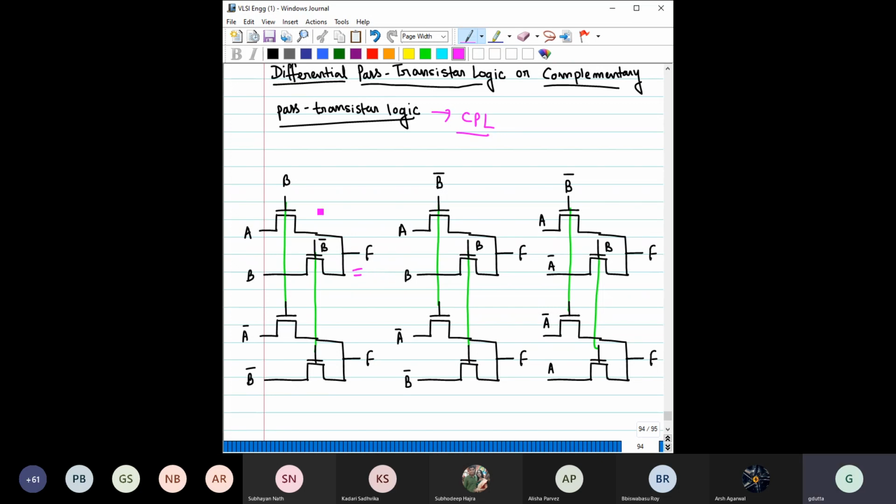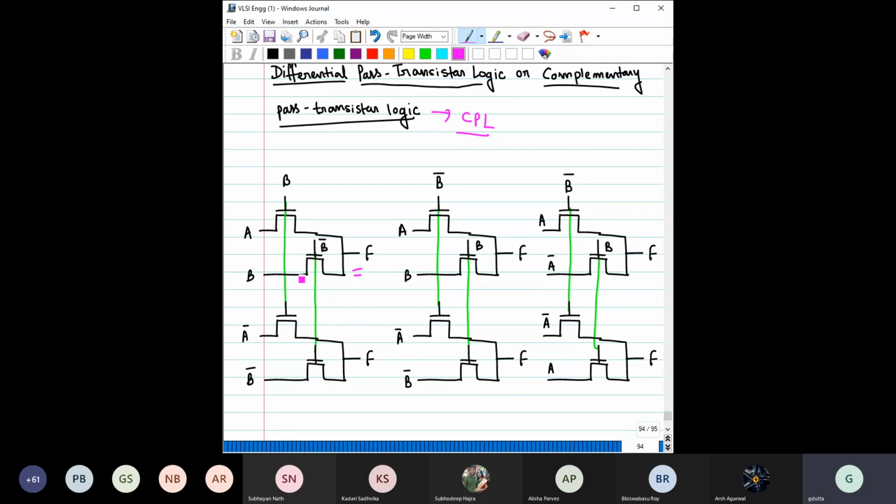Anyone for the first block? What is the logic that you are getting here? Okay, calculate when A0 B0. When B is 0, only this transistor is on, right?